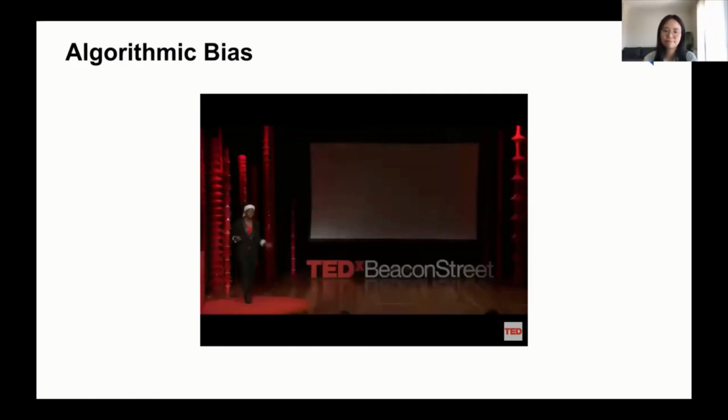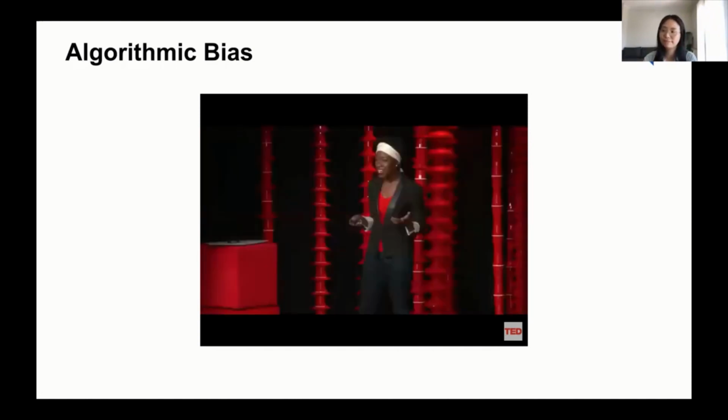So how did this happen? Why am I sitting in front of a computer in a white mask trying to be detected by a cheap webcam? Well, when I'm not fighting the coded gaze as a poet of code, I'm a graduate student at the MIT Media Lab.